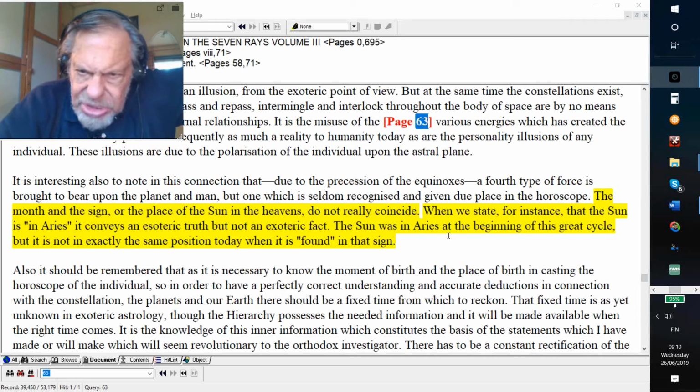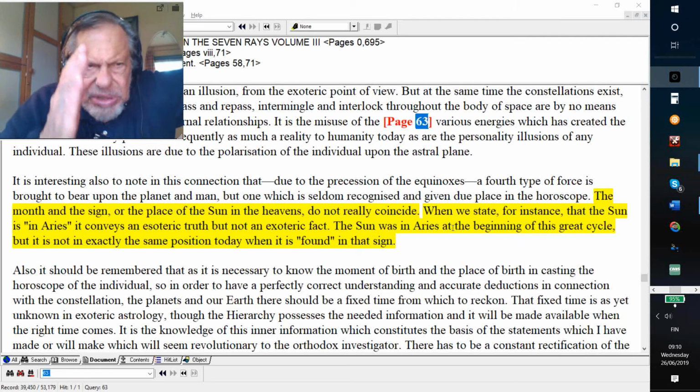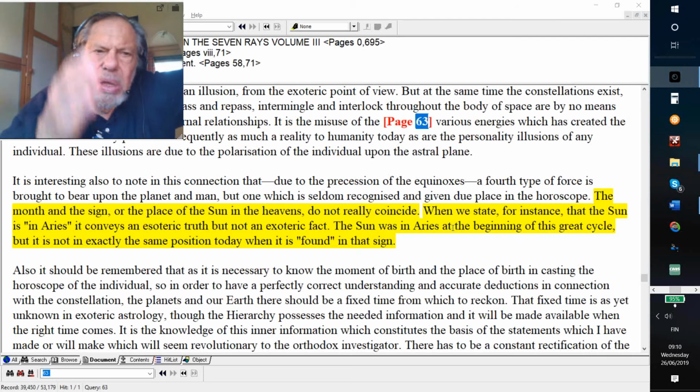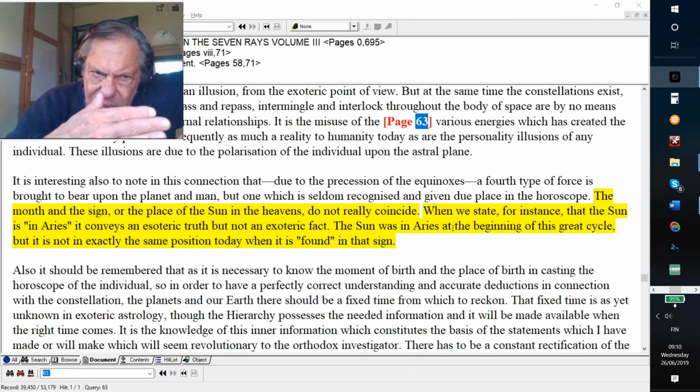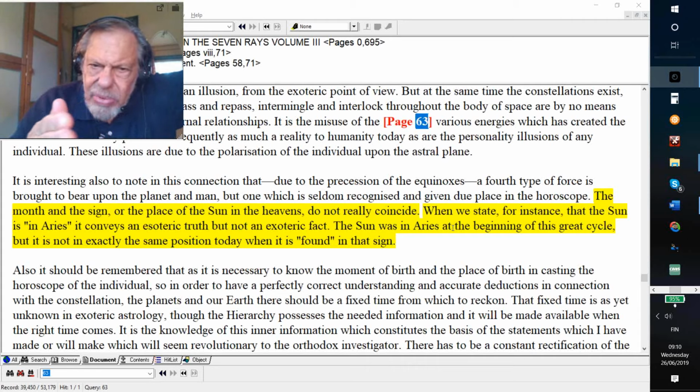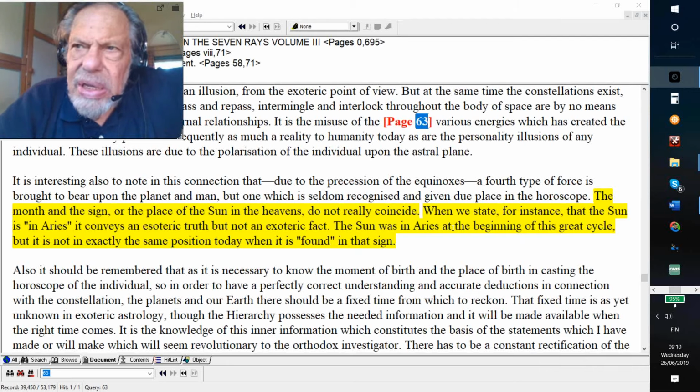The sun was in Aries at the beginning of this great cycle, not so long ago really, but it is not in exactly the same position when it is found in that sign. So there was a time, and there always will be, when the 1st degree of Aries really lined up with the beginning of the constellation Aries. But then the vernal equinox started to move backwards, and before you know it, it was pointing to the stars in Pisces.